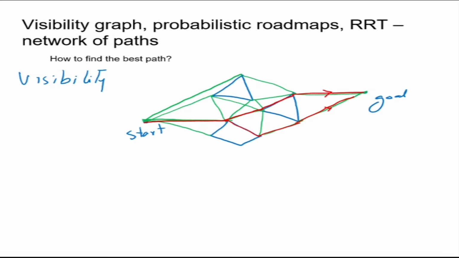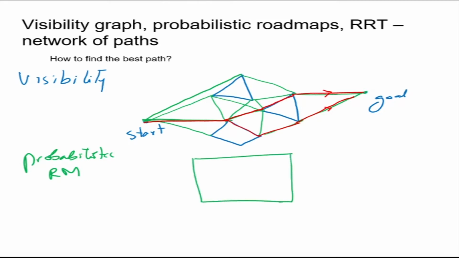Similarly, if you look at probabilistic roadmap methods, again we have, let's say, a workspace like this, in which we have a number of obstacles. There is one obstacle here, there's one obstacle here, and my start point is here and my goal point is there, for example. And what we do is we generate a number of paths. So these are the various nodes.